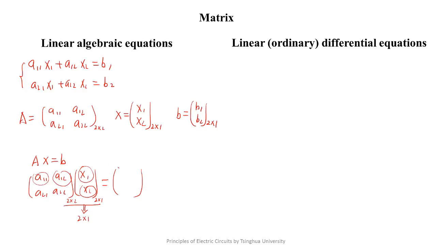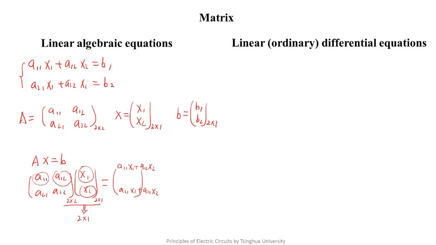So the first element equals A11 times x1 plus A12 times x2. Its second element equals every element in the second row of the first matrix times every element in the first column of the second matrix, and then add them together. So it equals A21 times x1 plus A22 times x2.